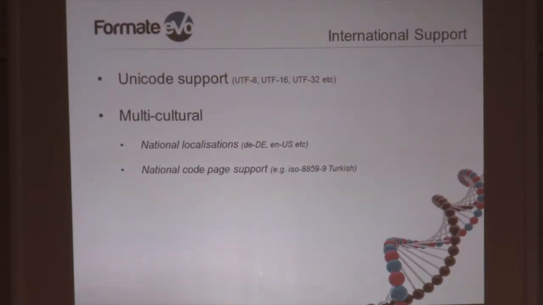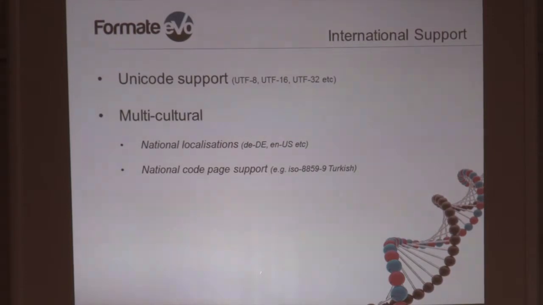That multicultural aspect of it allows us to do national localizations. By national localizations, we're talking about setting it to be US English or German, and therefore reflecting the date formats, the currency formats, the number formats that are available to us under the Windows operating system.